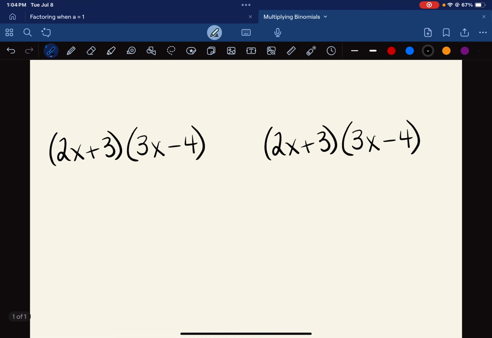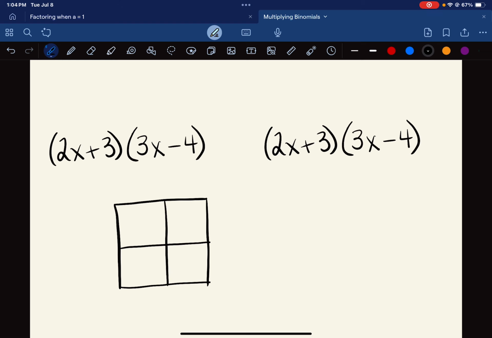2x plus 3 times 3x minus 4. Again, because these are both binomials, I am going to create a box that is 2 by 2. So let's use orange this time. 2x plus 3 I'm going to put across the top, 2x and then our plus 3.